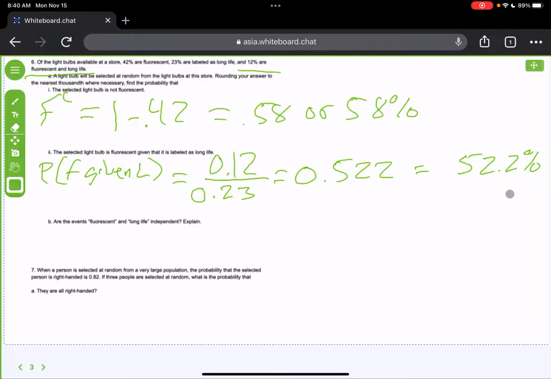B says, are the events fluorescent and lifelong independent? What would it mean, if they were independent, what would that mean?